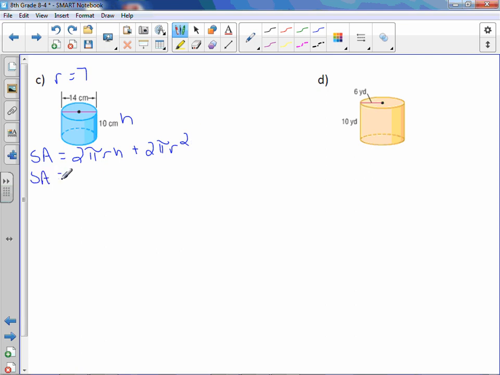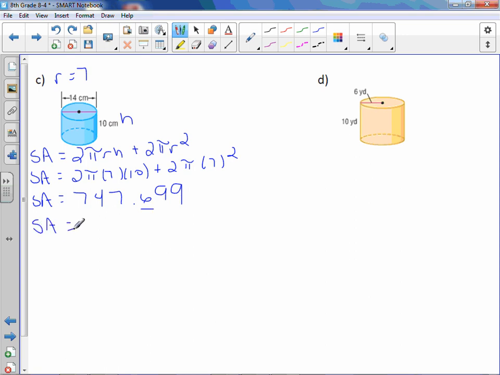Plug in what you know. 2 pi, radius of 7, height of 10, plus 2 pi 7 squared. Plug it in your calculator, and you get 747.699. And to the nearest tenth, it's 747.7 square centimeters.